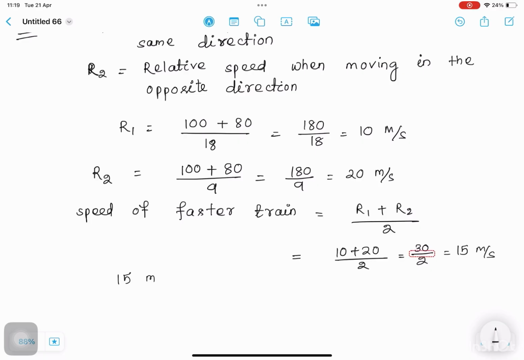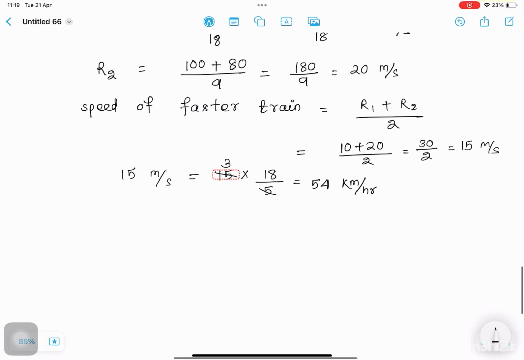We are taking the average of the relative speeds. And 15 meters per second, if we convert it into kilometer per hour, we multiply by 18 by 5. 5 goes into 15 three times, 18 into 3 is 54 kilometer per hour. This is the speed of the faster train.